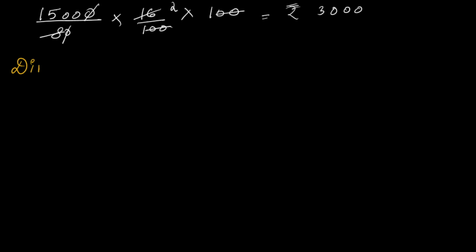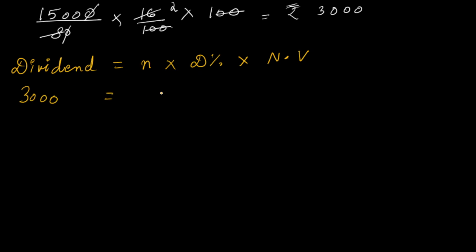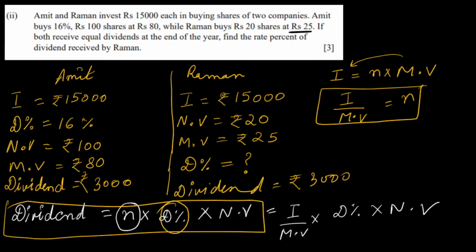So this is for the second person. Dividend is equal to number of shares into dividend percent into nominal value. Dividend is 3000. Number of shares is investment by market value. Investment is 15,000. For this person, MV is 25.